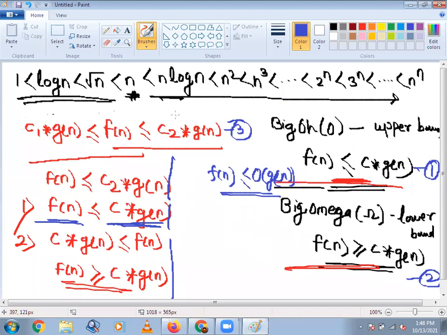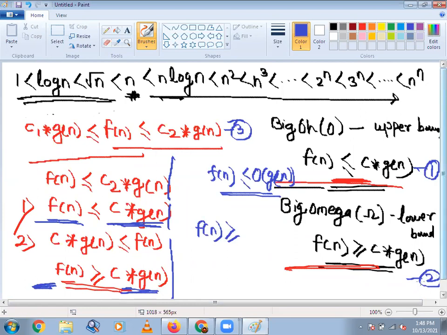In this equation, see left side, the second equation which is written in red color, suppose I have written f of n here, which is greater than c into g of n.